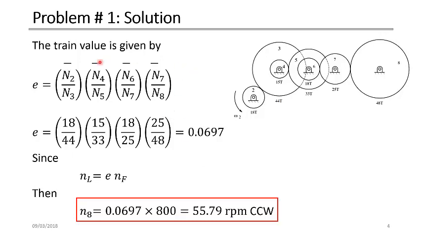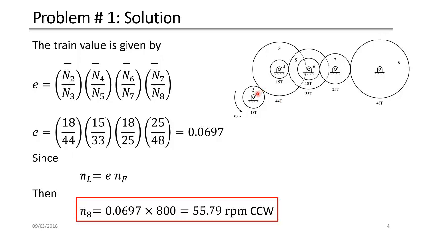So the train value is given as follows. We'll just look at our gear train, and recognize which one is the driver, which one is the driven, and we'll take them stage by stage. For example, here we see that gear 2 and gear 3 are meshed at this point.